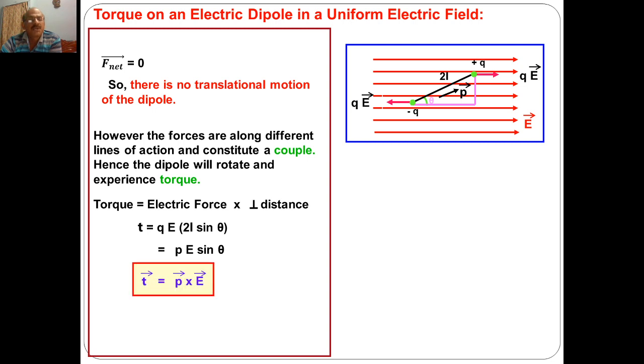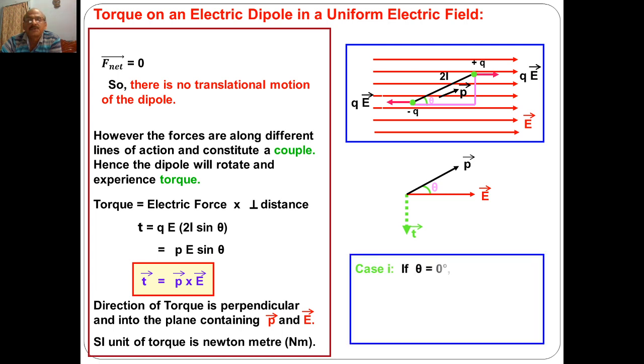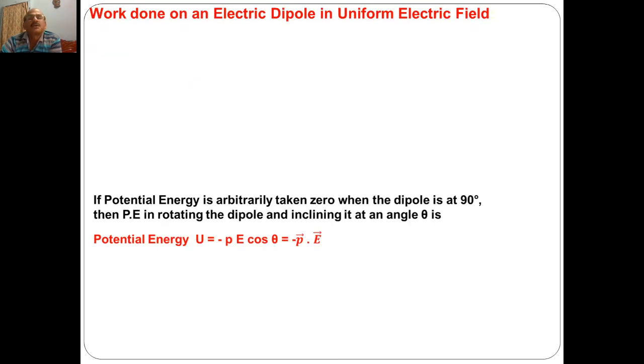In vector form we can write p cross E. So here we see the direction of p and E at angle theta, then the torque is into the plane of paper. Now if theta equals 0, then torque will be 0, at theta 90, torque is maximum, that is pE, and at 180, again 0.